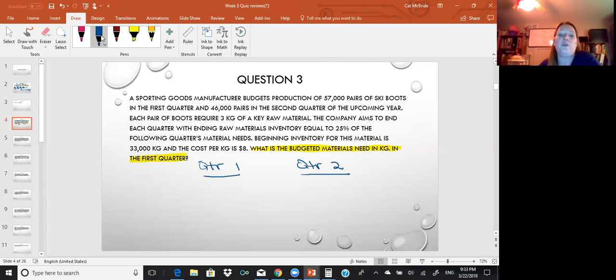A sporting goods manufacturer budgets production of 57,000 pairs of ski boots in the first quarter. But that's not materials. That's how many boots we're going to make. And 46,000 pairs in the second quarter. Each pair of boots requires 3 kilograms of raw materials.